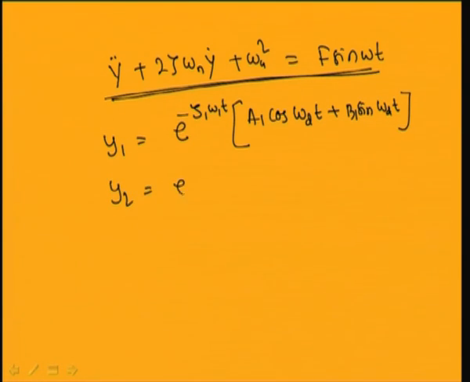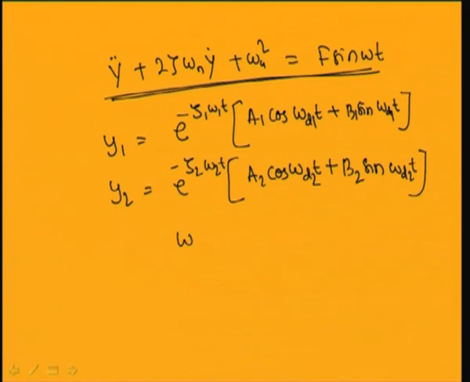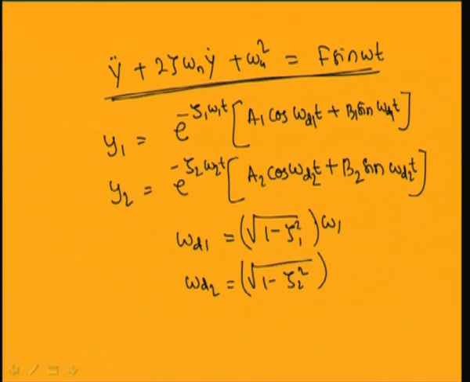Similarly, y2 equal to e to the power minus zeta 2 omega 2 t into a2 cos omega d2 t plus b2 sin omega d2 t, where omega d1 is root over 1 minus zeta 1 square into omega 1, and omega d2 is root over 1 minus zeta 2 square into omega 2. In this way you can find the response of the system.